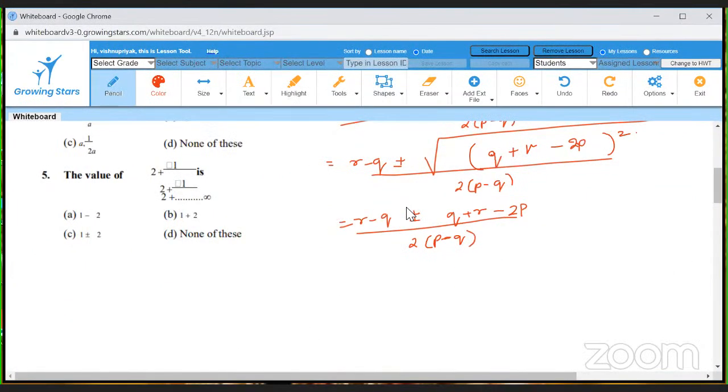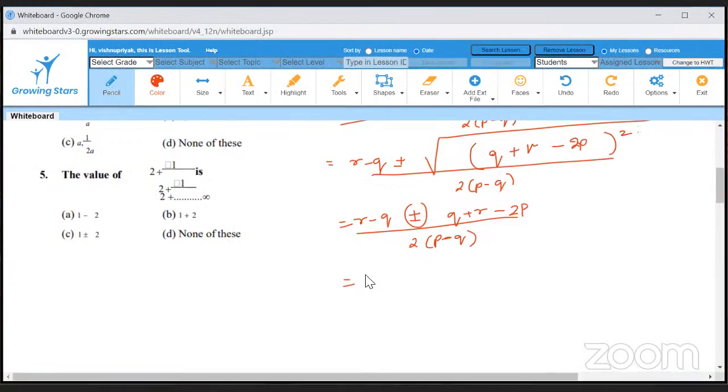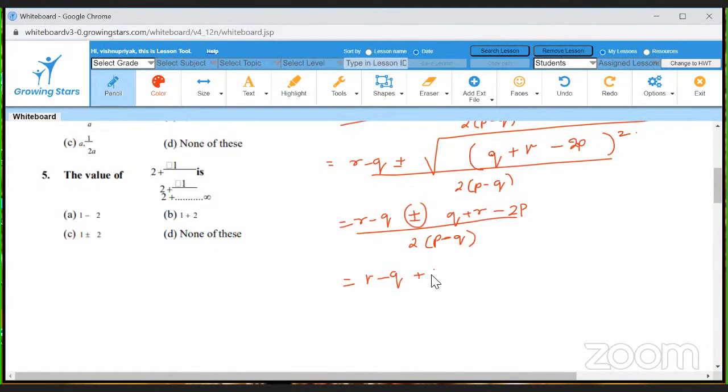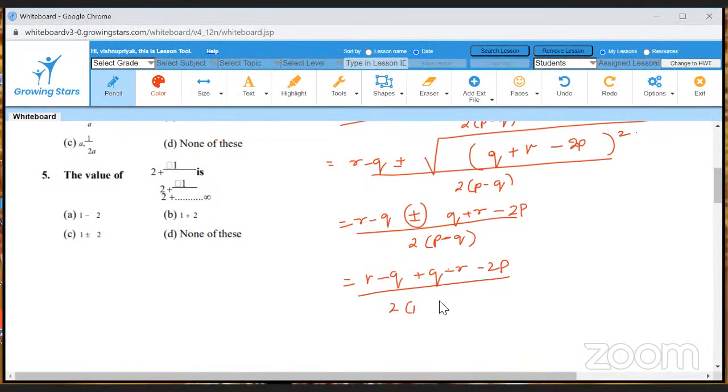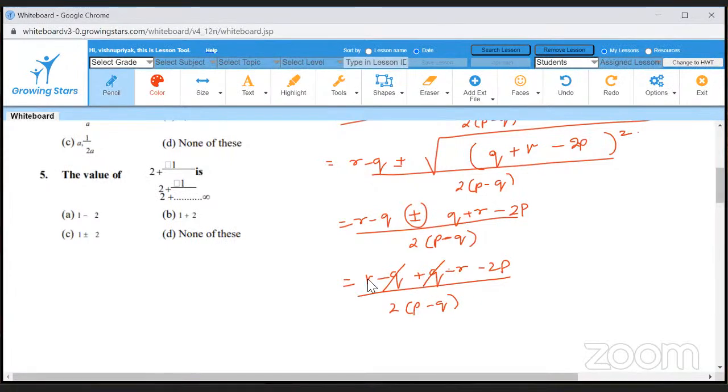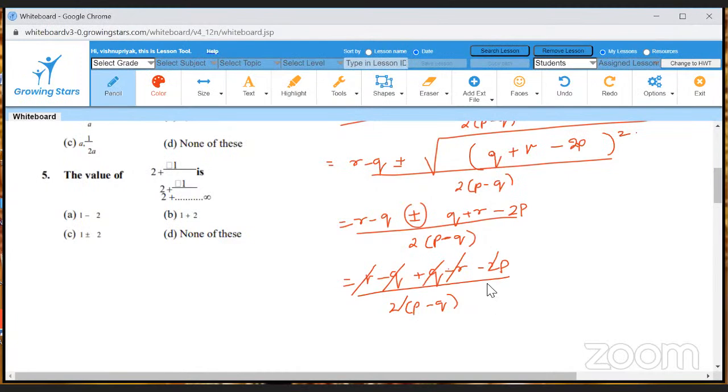If I take plus here, then R minus Q plus R minus 2P by 2 into P minus Q. Q will cancel, R will cancel. After that, 2 will cancel.